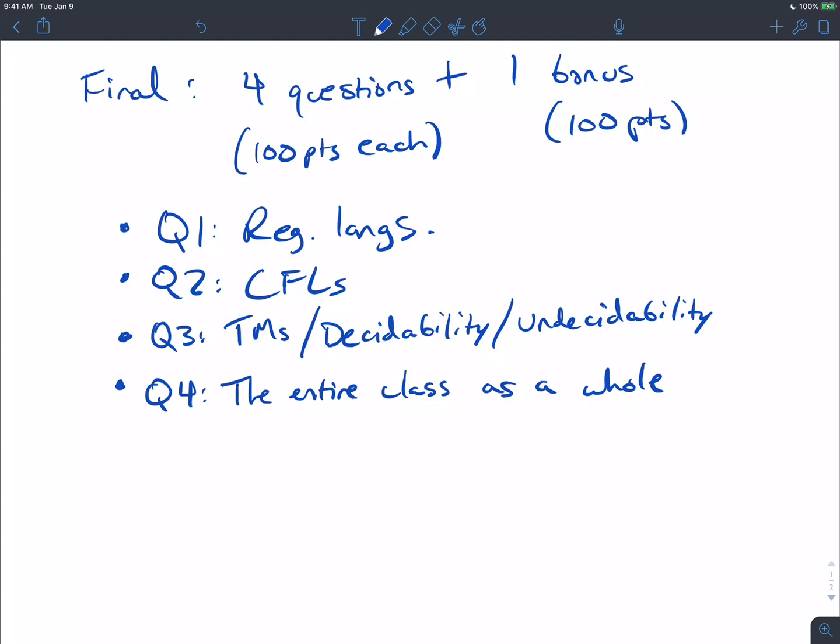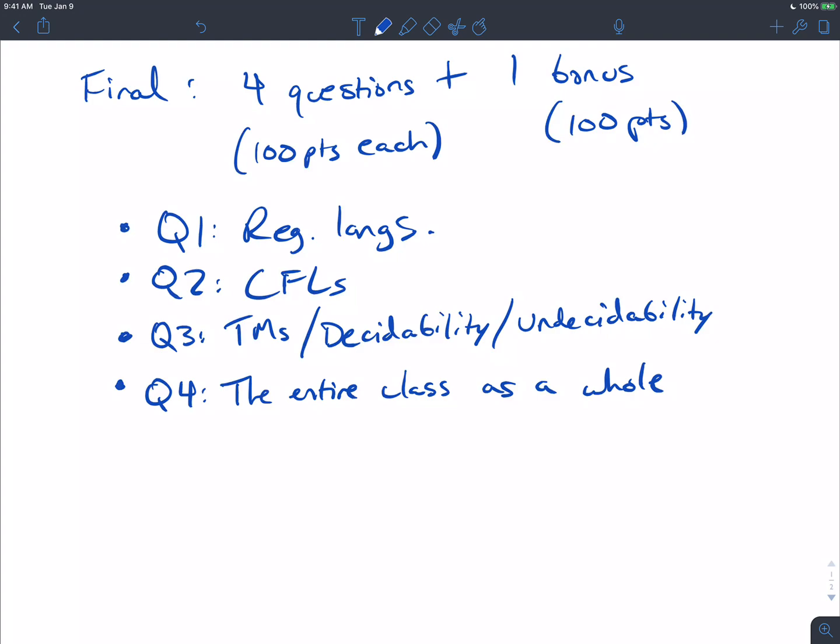What are the languages we've been talking about recently that are easy to do for DFAs, but impossible to do with Turing machines? What is A sub DFA compared to A sub TM? A DFA is decidable, but ATM isn't. The emptiness problem is decidable. Even more importantly, the equivalence problem is decidable for DFAs, but not for Turing machines.